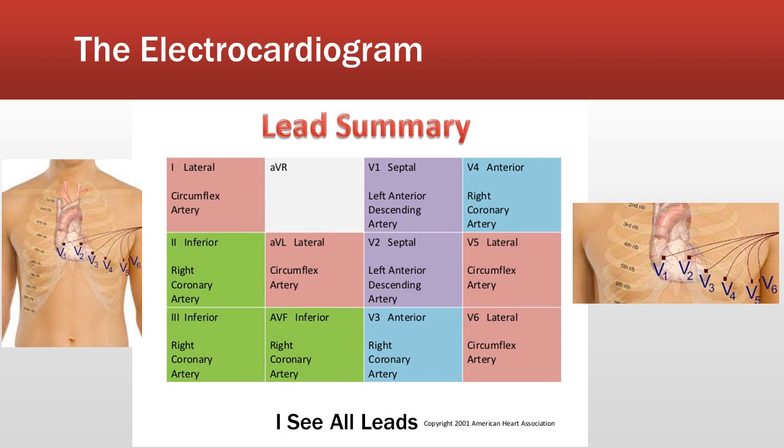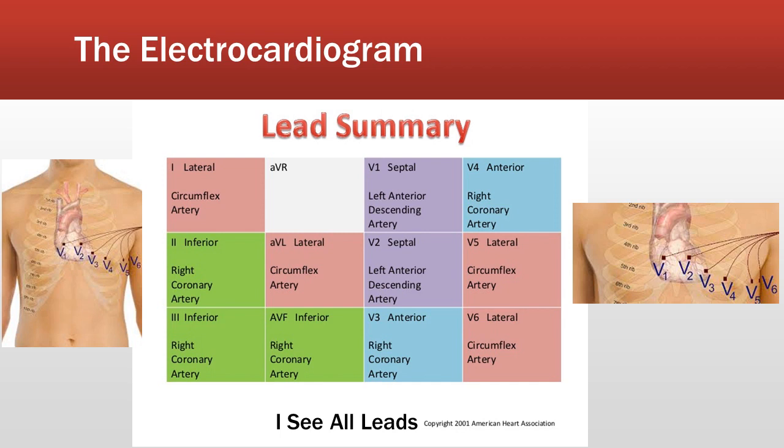V1 and V2 show the septum, the ventricular septum, which separates the right and left ventricles, and that's the left coronary artery anterior descending branch.